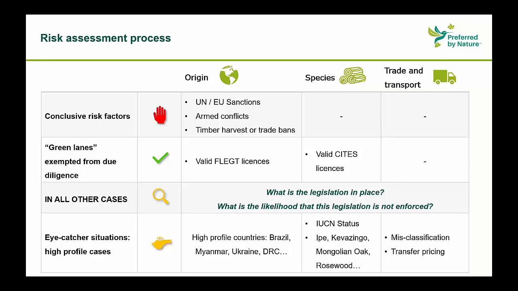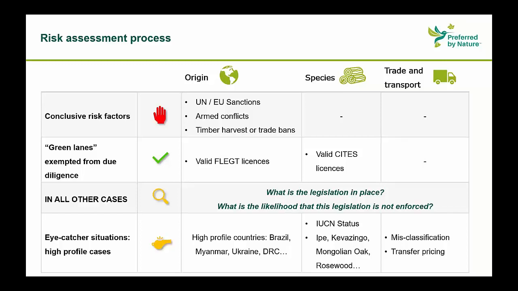Cases where the timber is fueling or potentially fueling an armed conflict, also a no-go. And that's more obvious, but the case where the timber is under a harvest or a trade ban, no-go. So those are conclusive risk factors which are all linked to the origin of the timber.